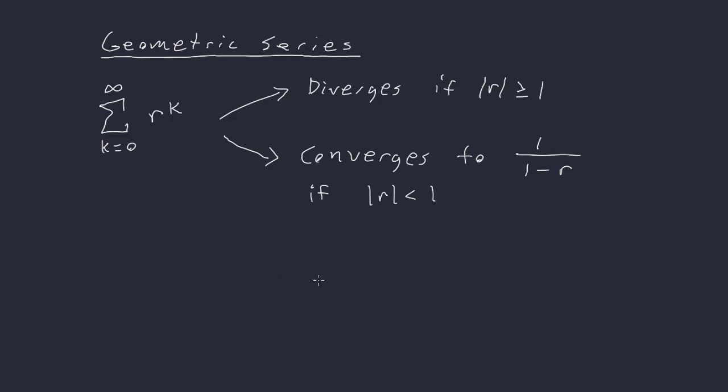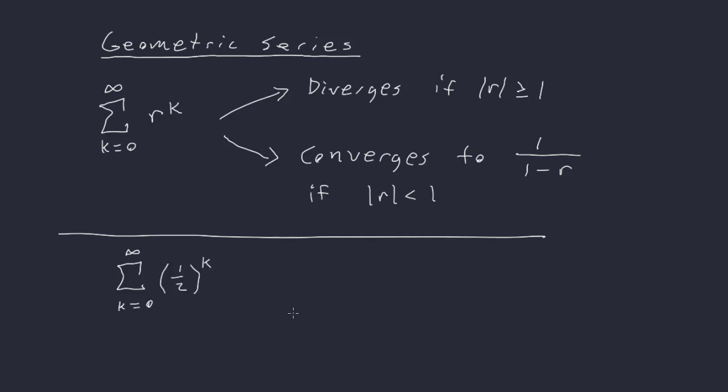All right, so just to give a quick example, and these are actually fairly straightforward, if we take a look at this series, k going from 0 to infinity of, let's say, 1/2 to the k. Well, 1/2 is less than 1, so r is 1/2, which is less than 1. So we know we get convergence to 1 over 1 minus r.